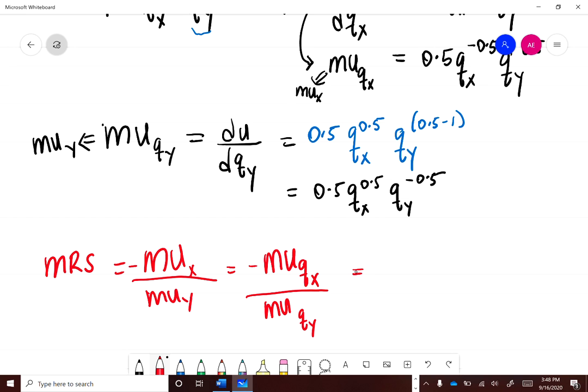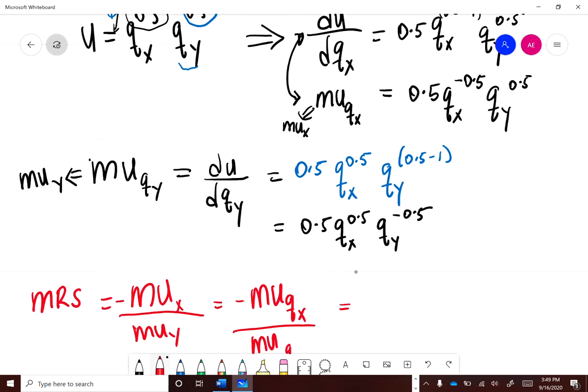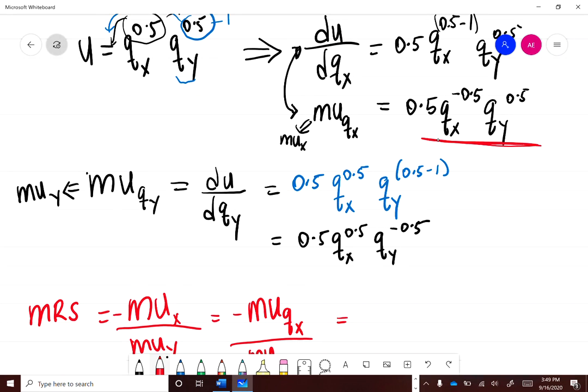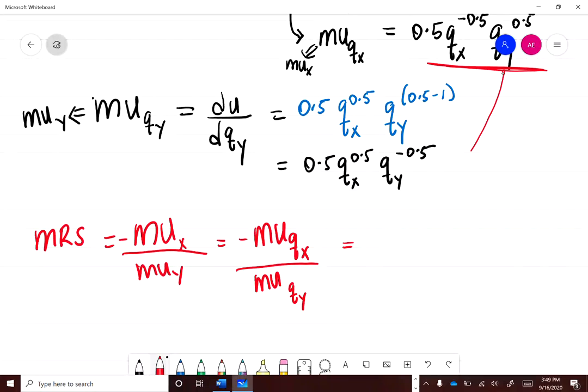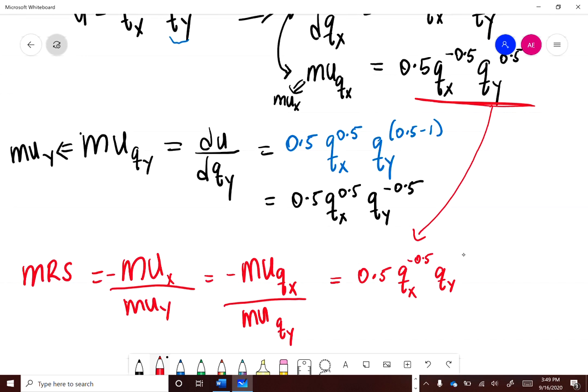Hopefully we've done this. So this would be equal to, what was mu q of x? That's right, we have that over here. Let's bring that down. So this is 0.5 times qx to the power of negative 0.5 times qy to the power of 0.5.